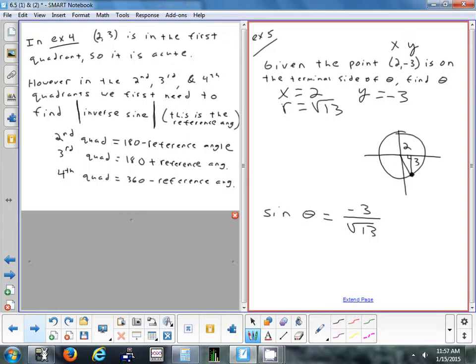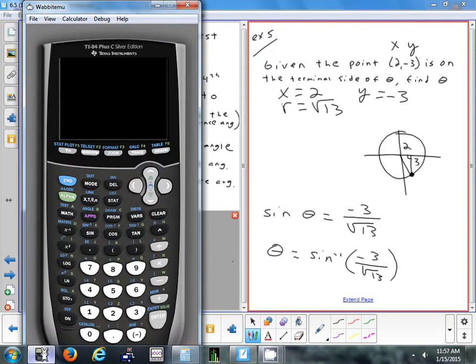Stick with sine, and then take the inverse sine. Let me just write out the final step. Now, I need to find that, but that's not my answer. That's just my reference angle, once I find the inverse sine of that number.